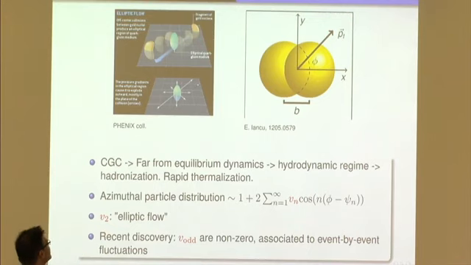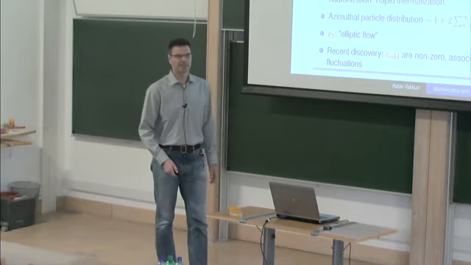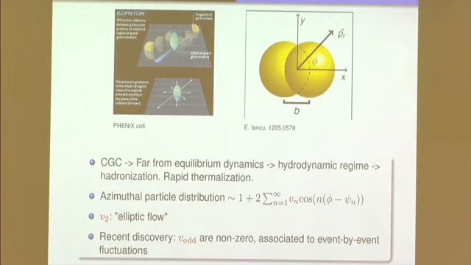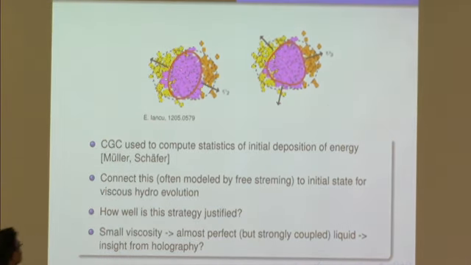Now, that means that the system cannot be as idealized as this, but event by event in the collisions, there are some fluctuations which create some asymmetry, and that results in these higher coefficients. So here's a picture which is a bit more realistic. Depending on how the partons are distributed inside the nuclei, the dominant symmetries, instead of being elliptical, could be triangular, so that you get triangular flow, and so on and so forth.